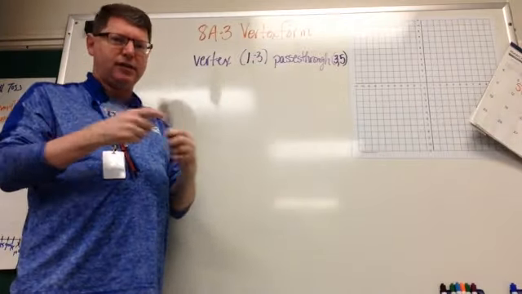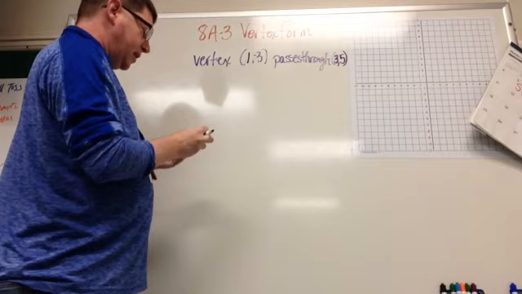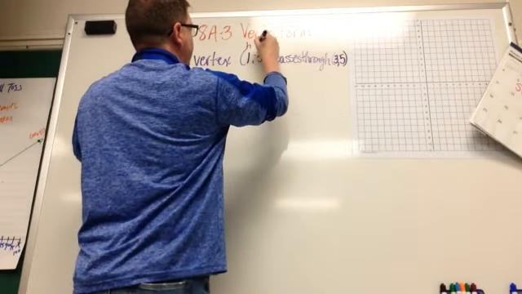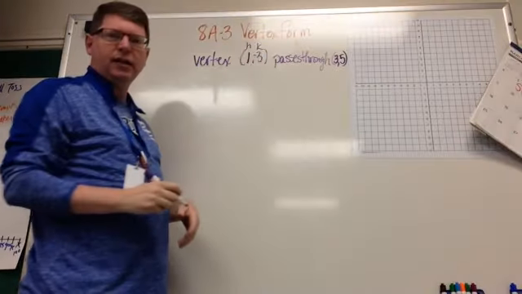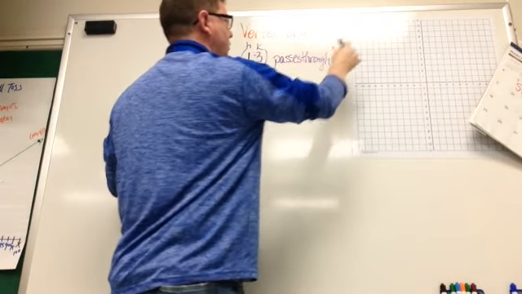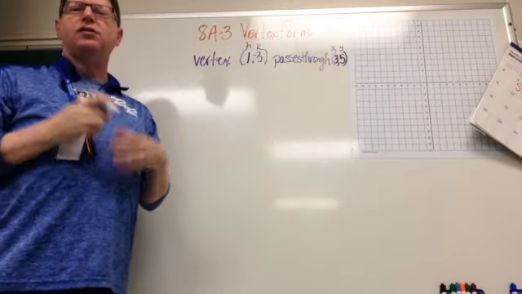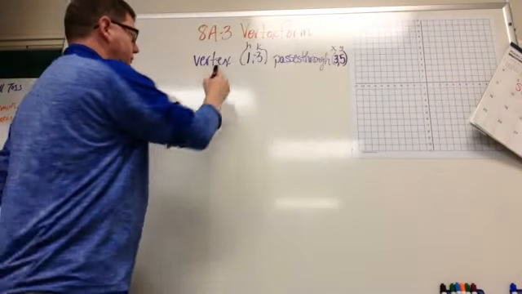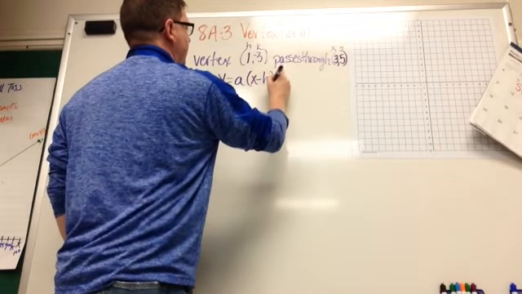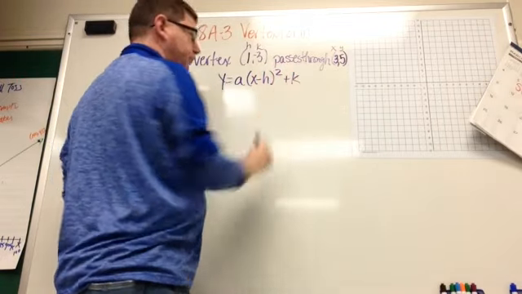Okay? So let's label what we have, because it's always important to label. That's easier when we're plugging stuff into the vertex form. So this is the vertex, so this has to be h and this has to be k. H is 1, k is negative 3. And over here we have x and y. X is 3 and y is 5. So we're going to write our vertex equation form, which is y equals a times the quantity of x minus h squared plus k.